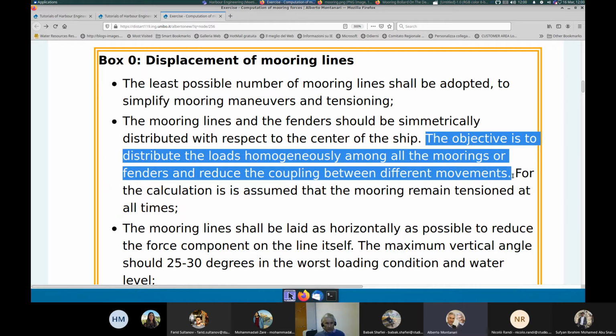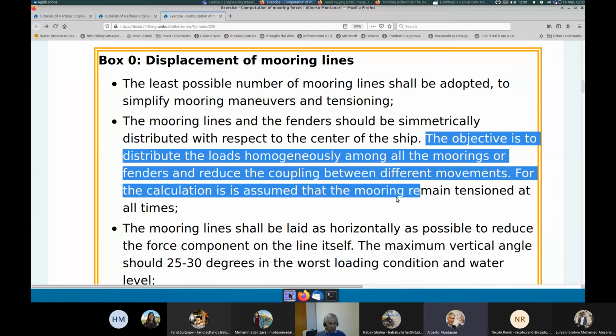For the calculation, it is usually assumed, here there is a spelling error, there is a double "is", it is to be read "it is": assume that the mooring remains tensioned at all times. This means that when you moor a ship, you shouldn't have mooring lines that are untensioned. Okay, this is extremely important. And it means that you have to use mooring lines and fenders in a proper way.